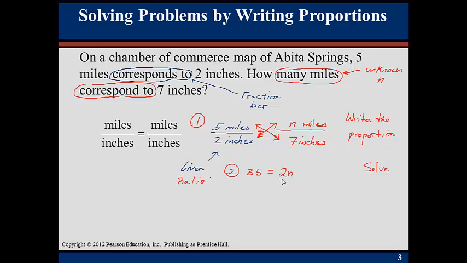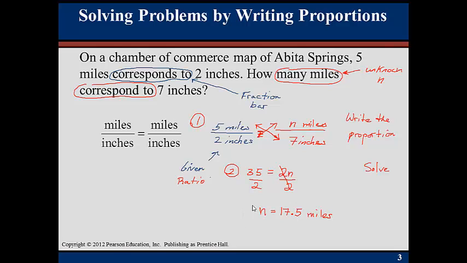Now, how do you solve for n? Remember, divide by the number in front of n, which is 2. Divide by 2. What you do over here on the right side, you must also do on the left side. These will cancel out, and it'll leave you with n equals 35 over 2, which is the same as saying 17.5.